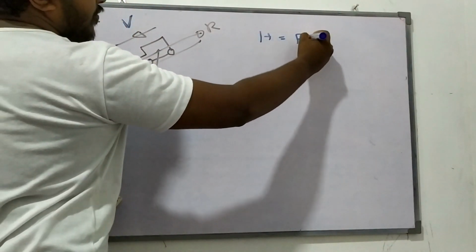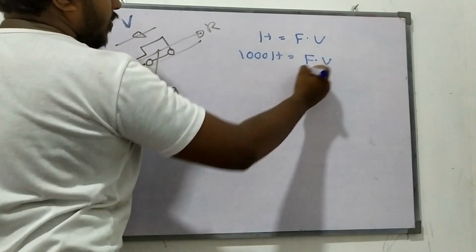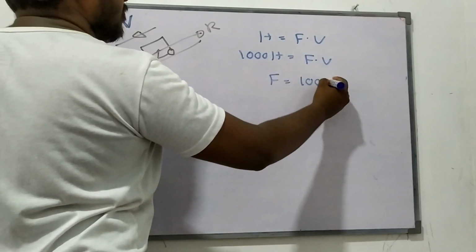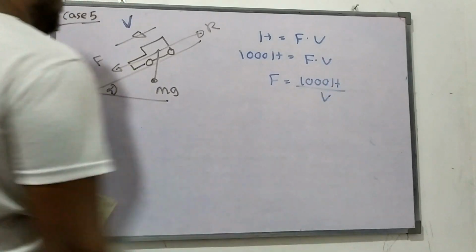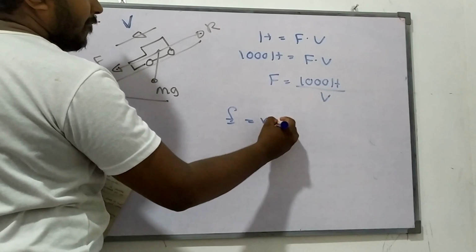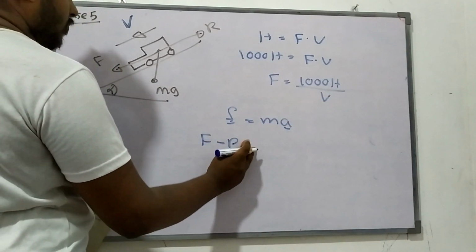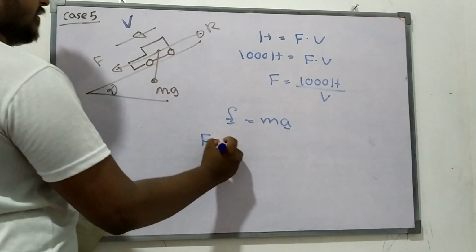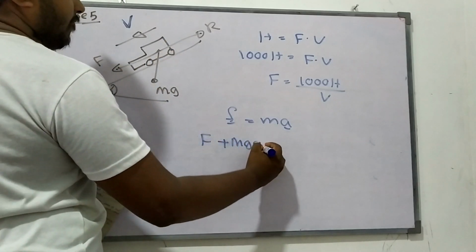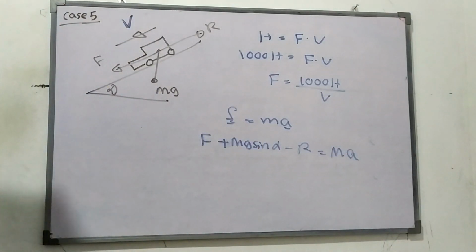Again H equals Fv, 1000 H over v, and F equals ma down the slope: F plus mg sin alpha minus R equals ma.